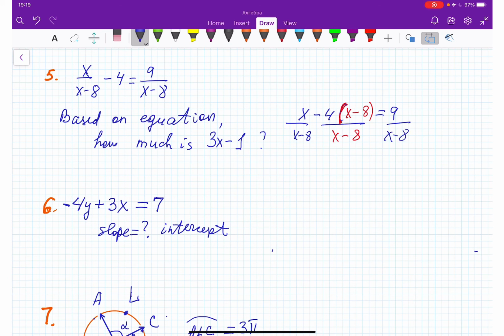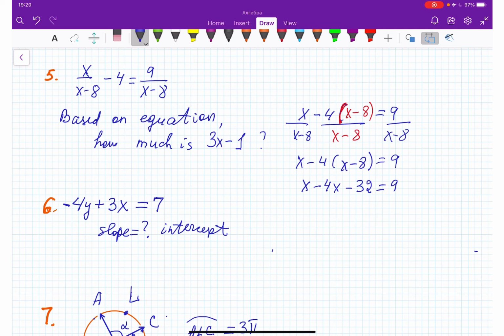So once we drop it, we get x minus 4 times x minus 8 is equal to 9. So from here, we are getting x minus 4x minus 32 is equal to 9.